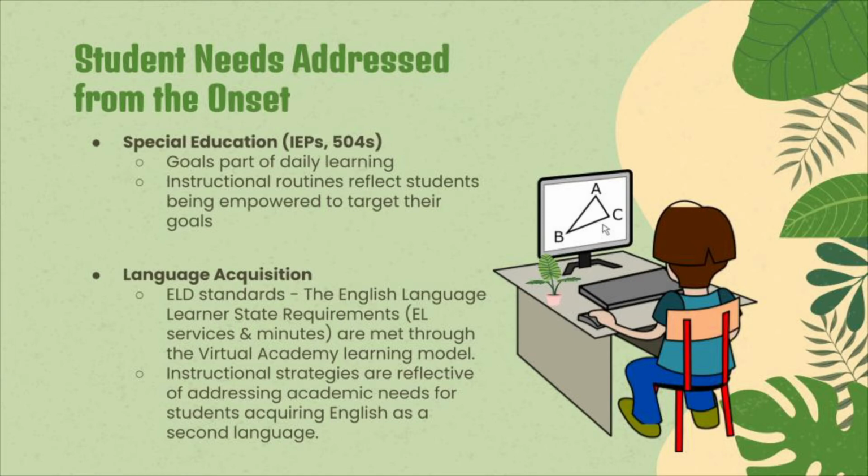If your child is so fortunate to have another home primary language, then you need to know that your child's needs will be addressed through the English language development standards, and that there will be strategies put in place for your child to be able to access the content based on their language acquisition needs.